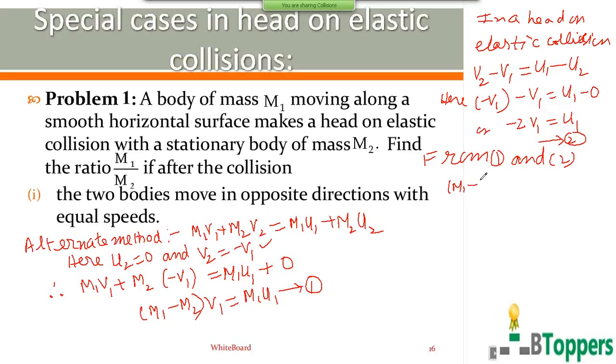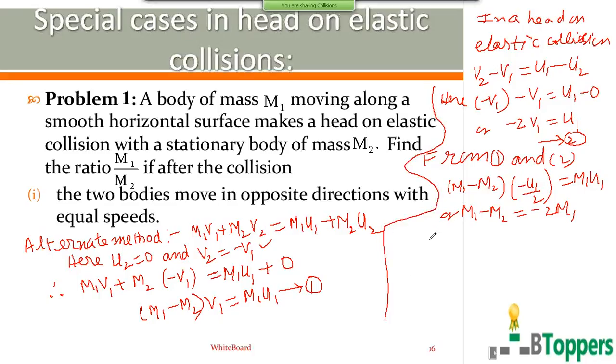So m1 minus m2, and you can write v1 equal to minus u1 by 2, equal to m1 u1. So you get m1 minus m2 equal to minus 2m1. Next collect the terms containing m1 to the left hand side and m2 to the right side.